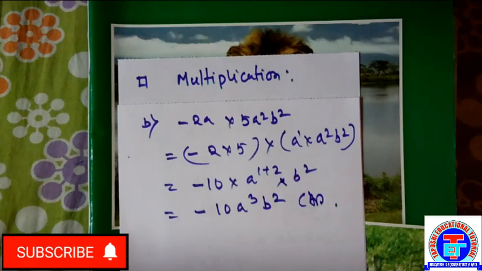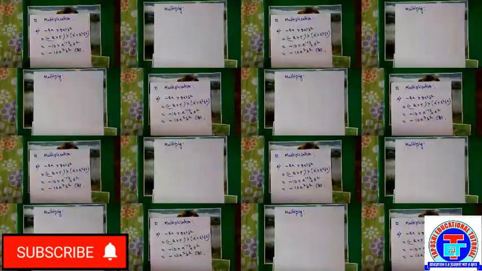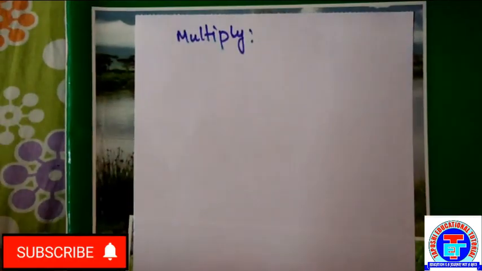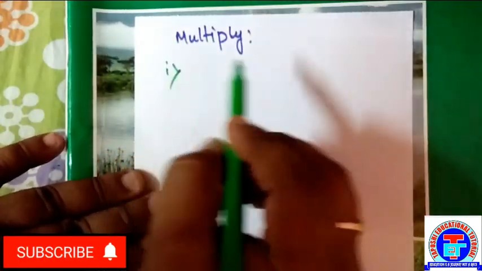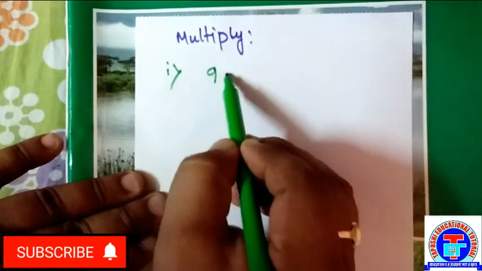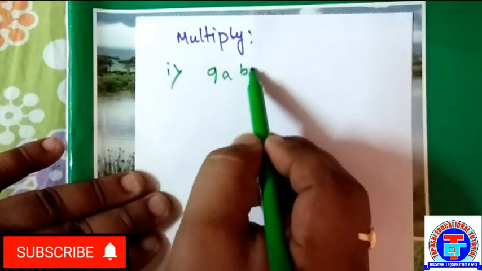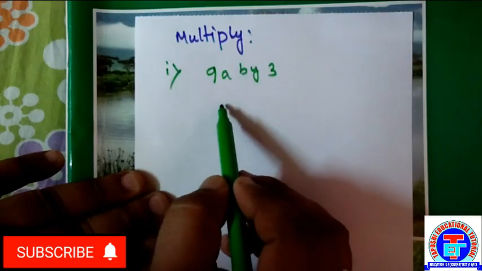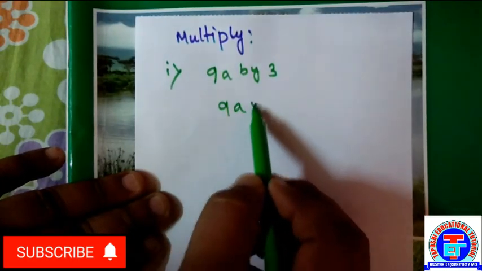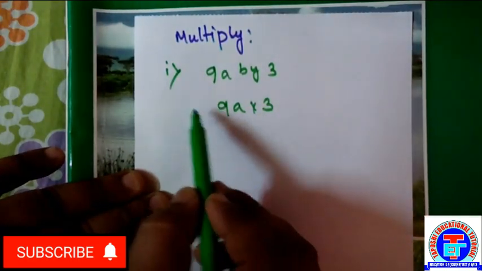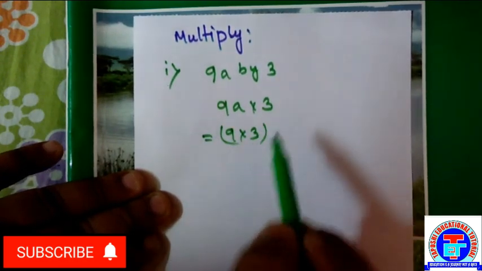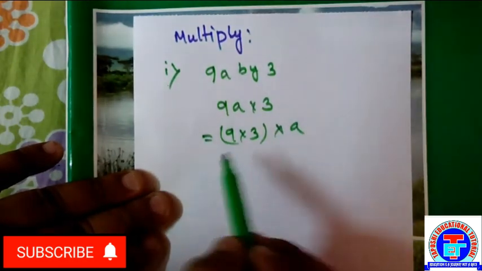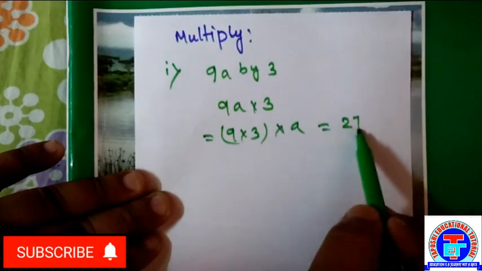Now next one, we solve another problem regarding this multiplication. Now student, here multiply number 1: 9a by 3. So here we write 9a into 3, right? So it will become 9 into 3 into a, it will become 27a.